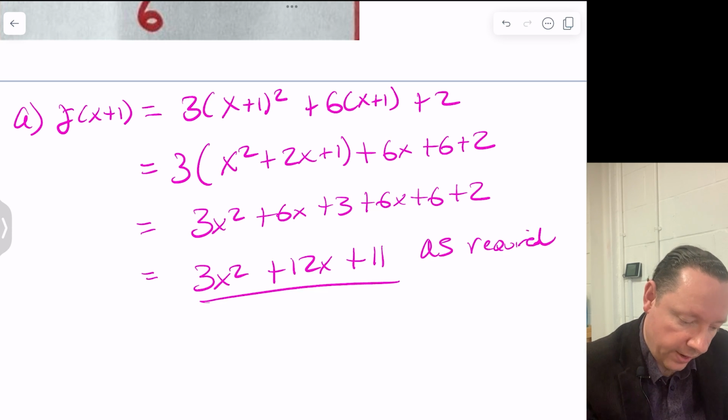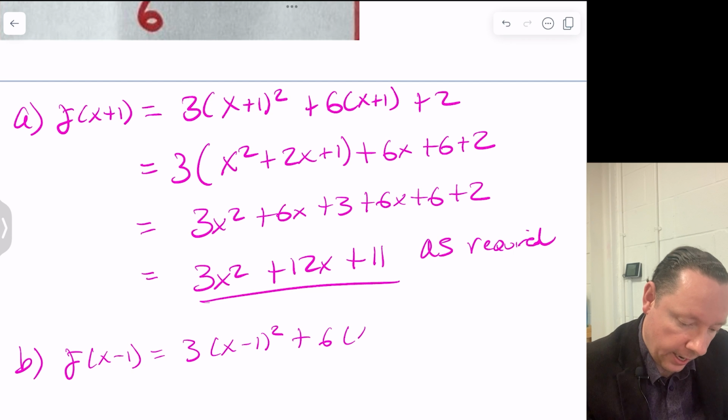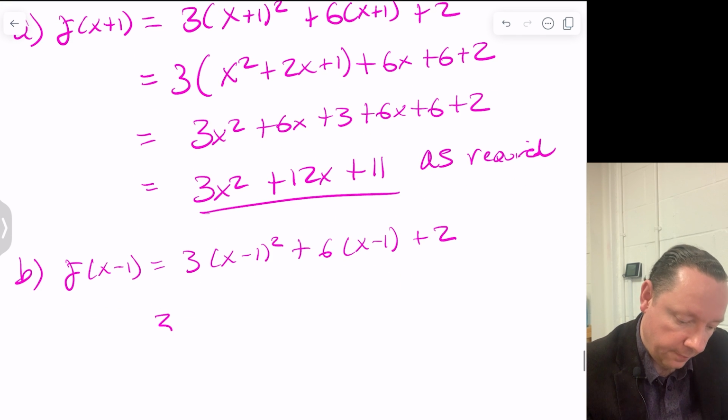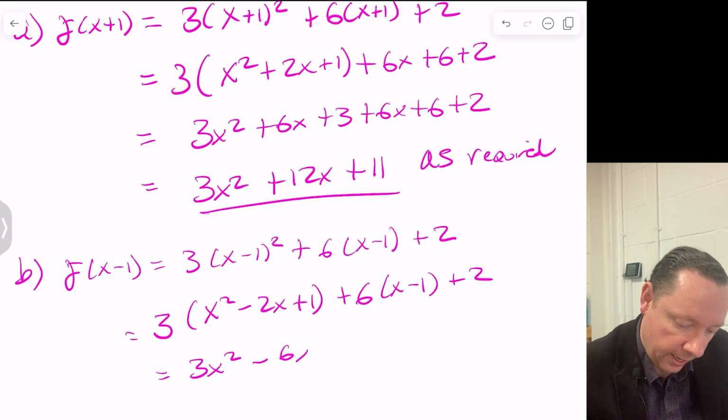Let's do the same for f of x minus 1 then. So that's just going to be 3 times (x minus 1) squared plus 6 times (x minus 1) plus 2. That was going to give me 3 times (x squared minus 2x plus 1) for the first expansion, 6x minus 6 plus 2. 3x squared minus 6x plus 3 plus 6x minus 6 plus 2.